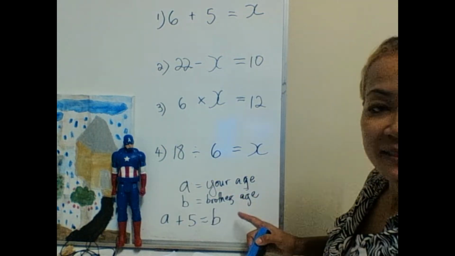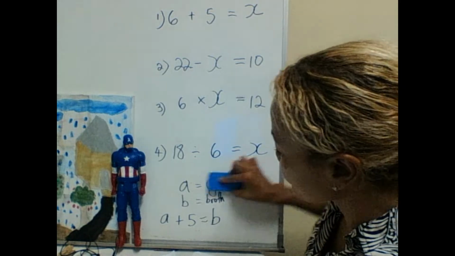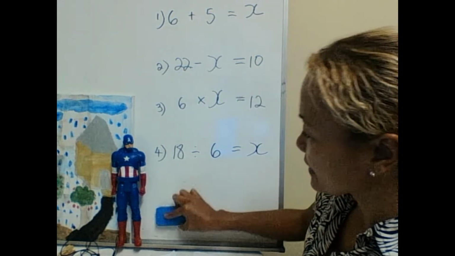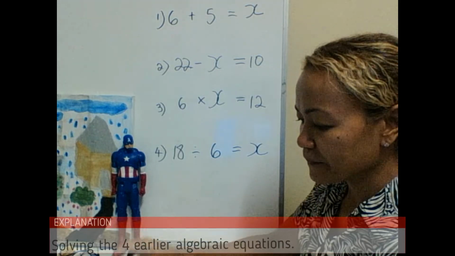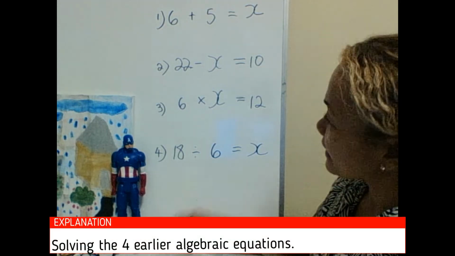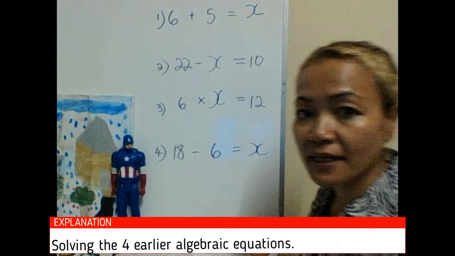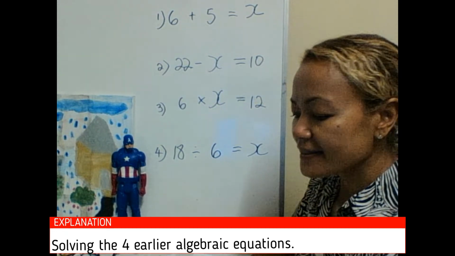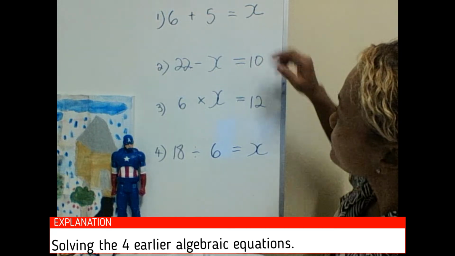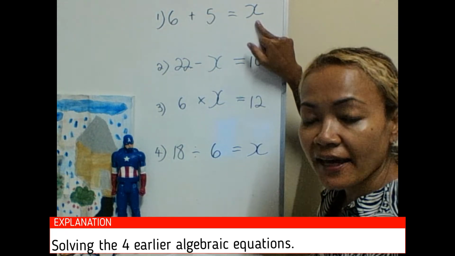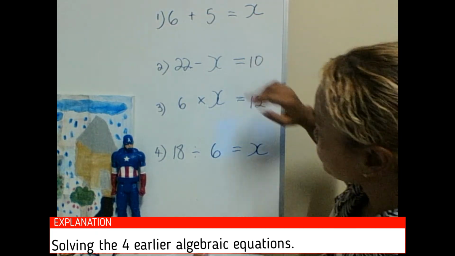Now that we know this, I'll rub this off just to clean the board up a bit. Okay. Now we return to these examples that I had already done before. Now, there is a certain technique that you can use to find out the value of x.